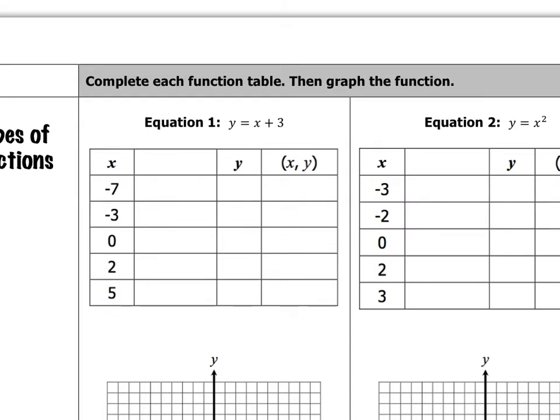I'm taking my input value and adding 3 each time. So this will be -7 plus 3, -3 plus 3, 0 plus 3, 2 plus 3, and 5 plus 3.